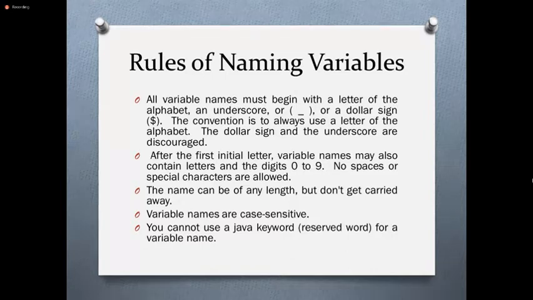Therefore, lengthier names are not encouraged because there are possibilities of missing characters as well as making errors when the length of the variable name increases, and also they are case sensitive. In addition to that, you are not allowed to use a Java keyword or reserved word as a variable name. Right? This is about the variables.